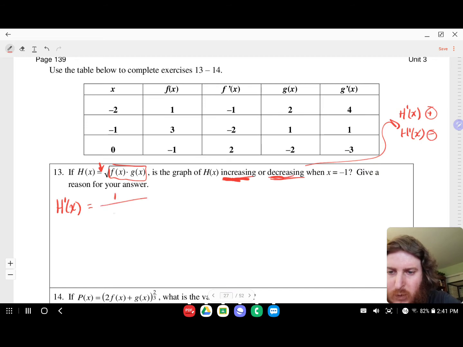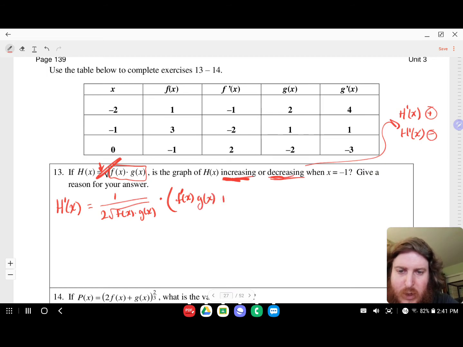So 1 over 2 square root of our box, f of x times g of x. Now times, so now we got rid of our square root. Now we're going to multiply by the derivative of the inside. Make sure this is in a parentheses. If it's not, you're going to get it marked wrong. So times f prime of x, the derivative of the first, times the original second, then plus the original first times the derivative of the second.